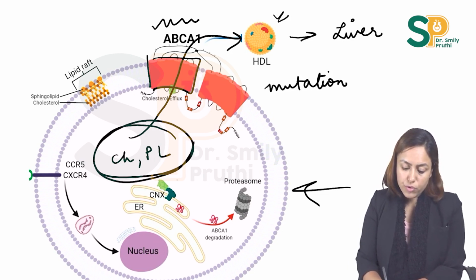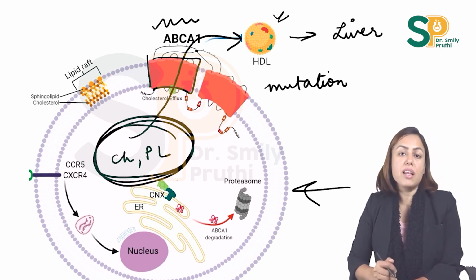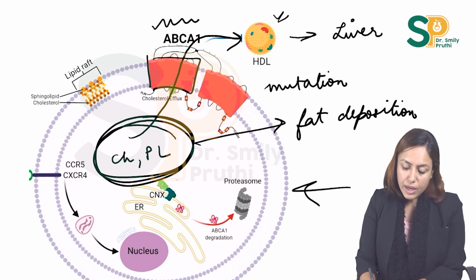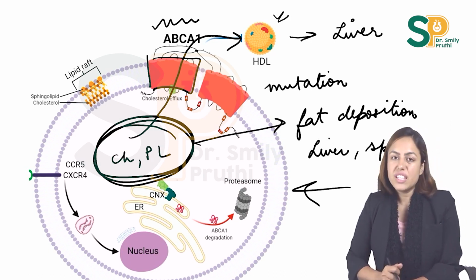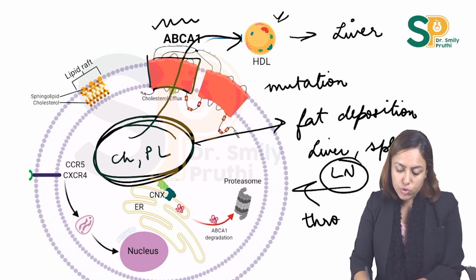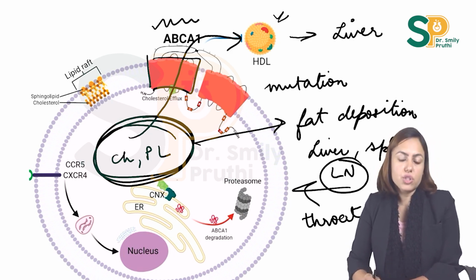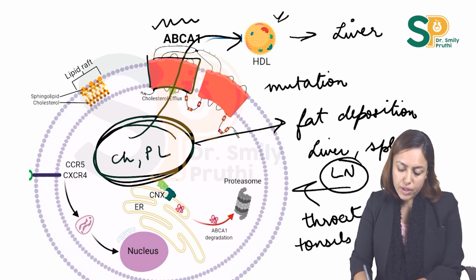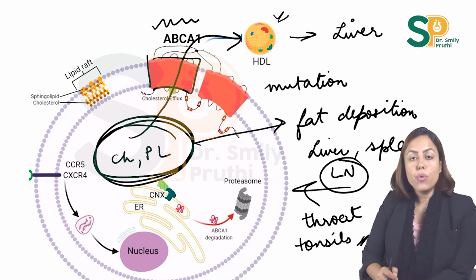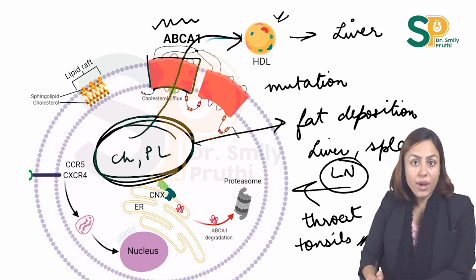The cholesterol and phospholipids cannot escape the cell, so there will be fat deposition in this patient in various organs. For example, liver and spleen will be enlarged due to fat deposition, leading to hepatosplenomegaly in Tangier disease. Also, lymph nodes are enlarged and tonsils are enlarged, and when tonsils have fat deposition, this leads to orange-yellow discoloration. So this is very typical of Tangier disease, right?